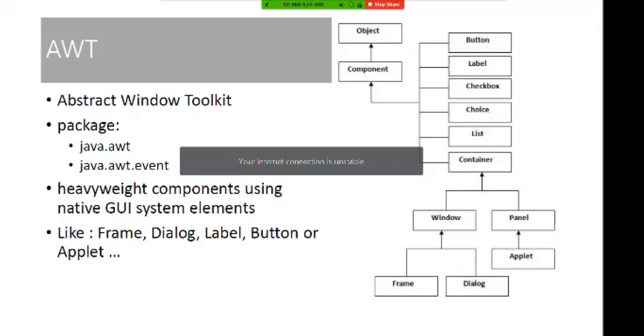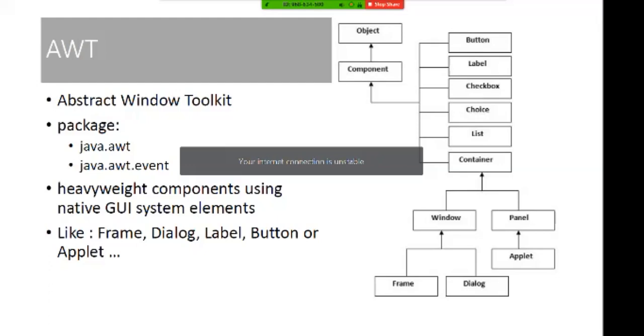So what is a library? We know the Object class is the basic class for all the Java libraries, and the Component class is derived from the Object class, and all our GUI programming classes are derived from the Component class.